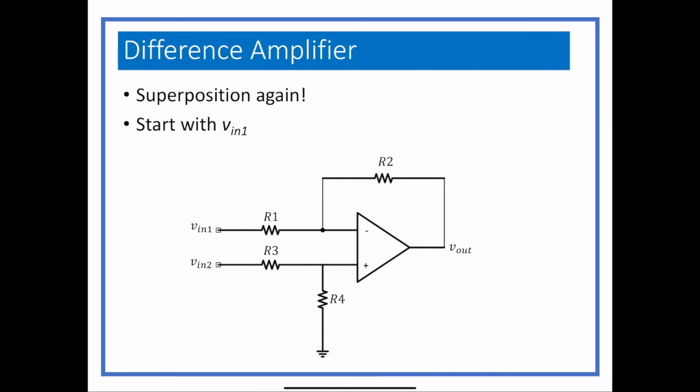So we'll start with Vn1, which means that we are going to ground V2. And once we do that, we end up with one node at the non-inverting terminal and a node at ground, which means that R3 and R4 are in parallel.